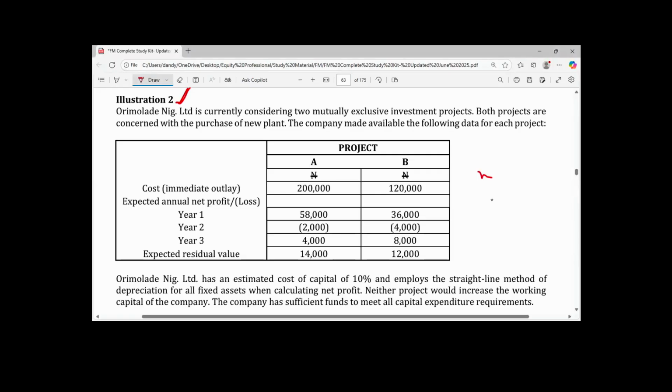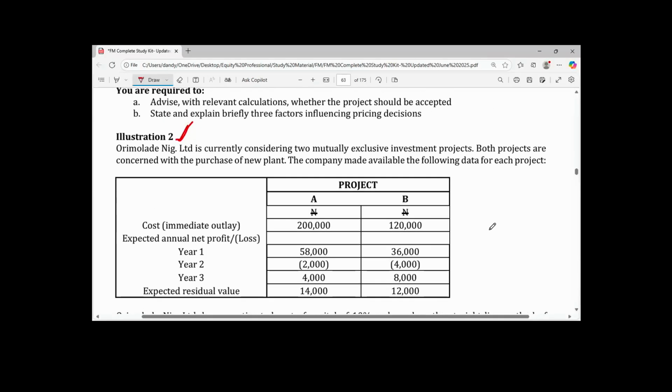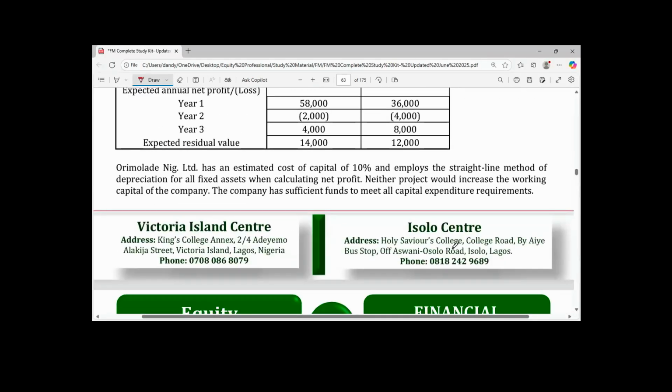Illustration. Orimolade Nigeria Limited is currently considering two mutually exclusive investment projects. Both projects are concerned with the purchase of new plants. The company made available the following data for each project. Orimolade Nigeria Limited has an estimated cost of capital of 10% and employs the straight line method of depreciation for all fixed assets when calculating net profit.